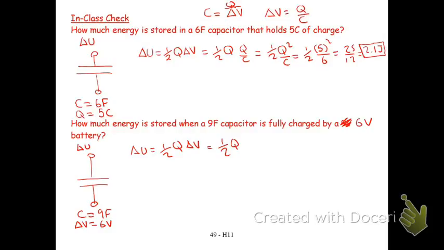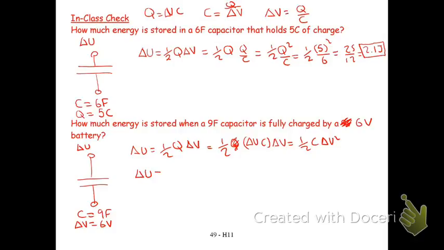So I rearrange this again, and Q is equal to delta V times C. I'm sorry, I'm getting confused about what I want and what I don't want. I don't want that Q in there, so I'm going to go 1/2 delta V times C times delta V, which equals 1/2 C delta V squared.